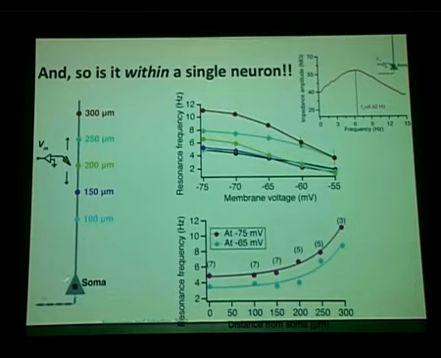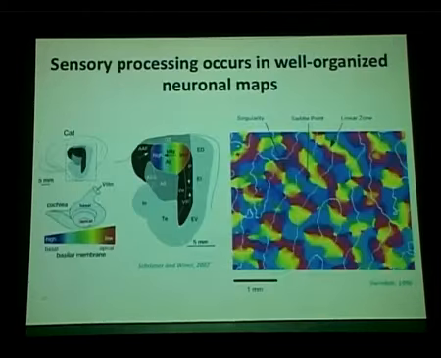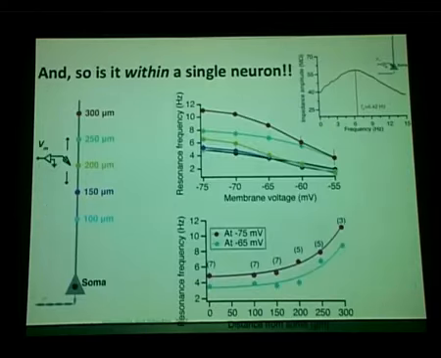The somatic membrane responds maximally to around 5 hertz, and at the distal end, at around 300 microns, it responds to around 10 hertz. So you have a map of different resonance frequencies along this neuronal topograph, with adjacent locations responding to adjacent frequencies, pretty similar to what you see over here. So it is a map in some senses.